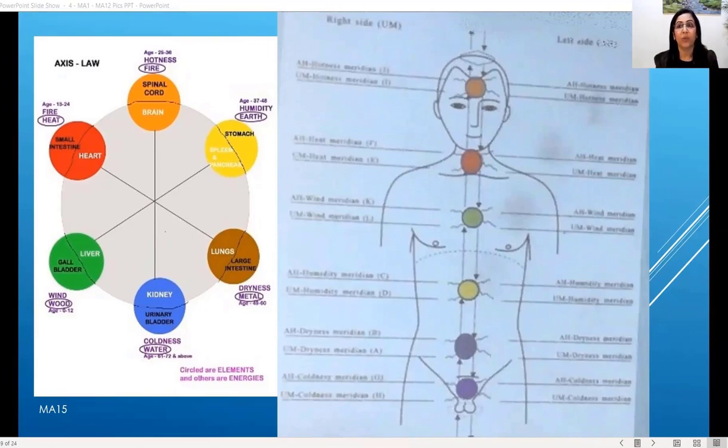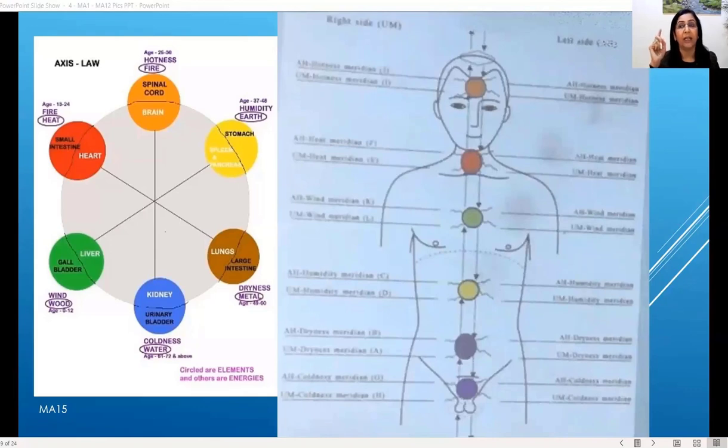Now, the front hotness chakra supplies energy to both the left and right brain meridian. So the hotness would be brain related, because the hotness chakra provides energy to both the left and right brain meridian, because brain is the hotness organ in the axis law.